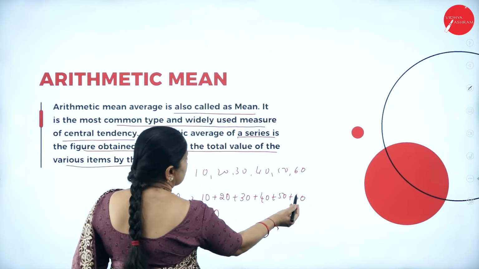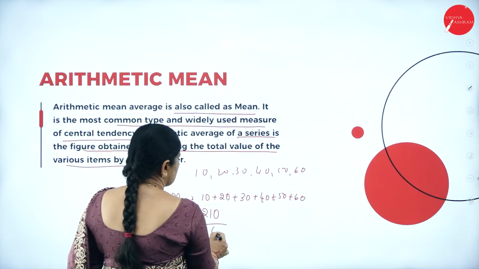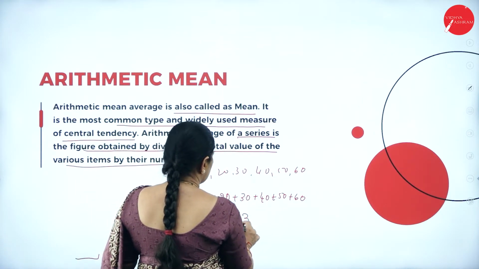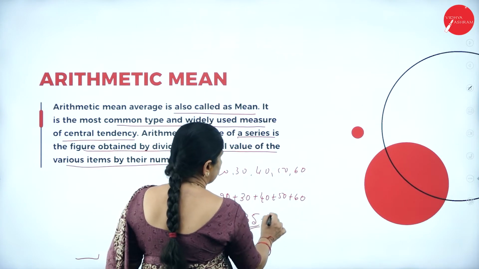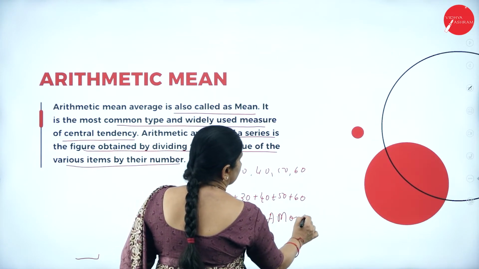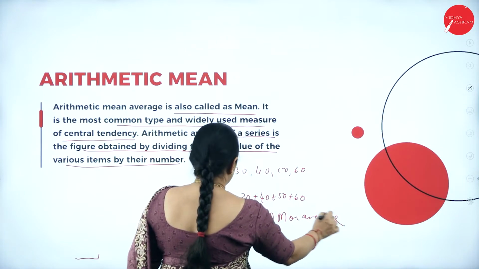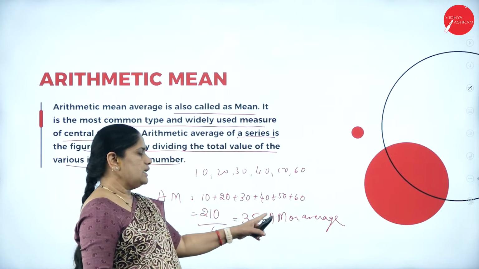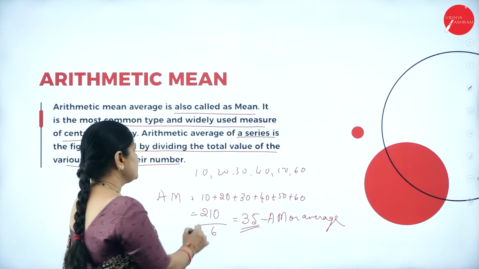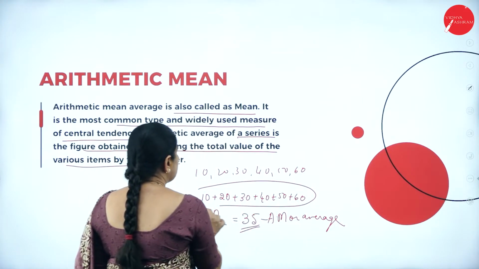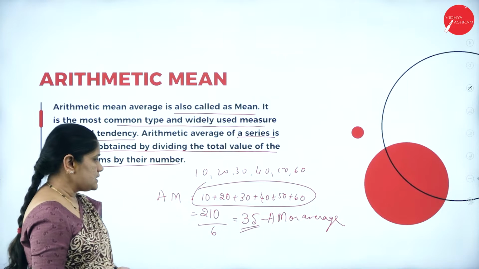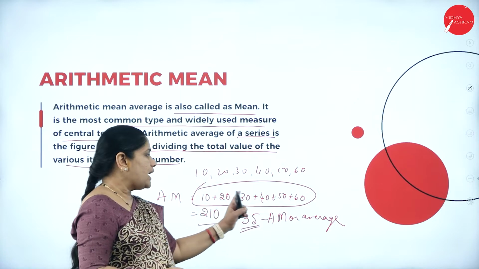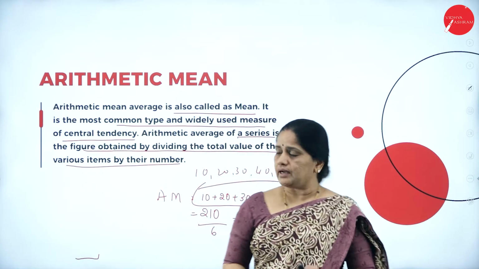Now what is the number of values? 1, 2, 3, 4, 5, 6. So 6. So what will be the answer? 35 is the arithmetic mean or average. 6 3s are 18, so 3 is remaining, and 6 5s are 30. So 35 is the average of all these values, or these values are represented by the number 35. That is the average value we get when we add all the values given in the data.